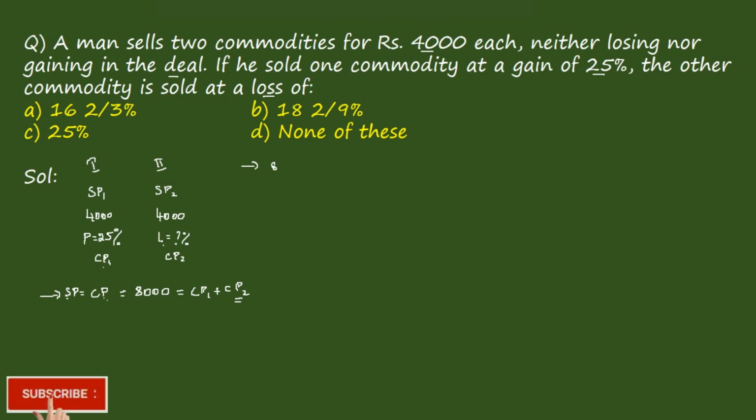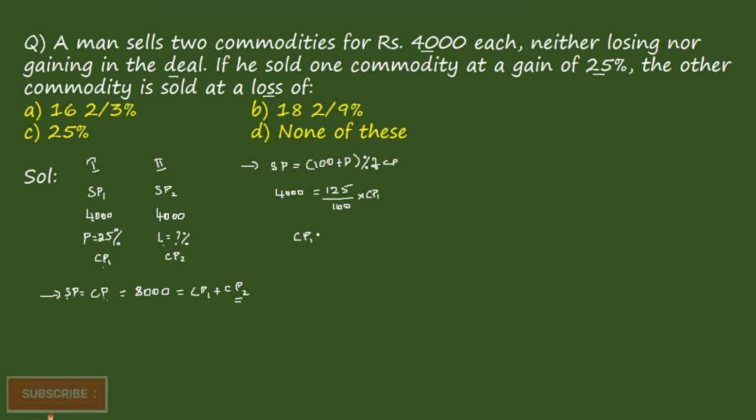Right. As we know that selling price is equal to nothing but 100 plus profit percentage of cost price. Right. The selling price is nothing but 4,000, which is equal to, profit is 25, so it becomes 125 by 100 into cost price 1.